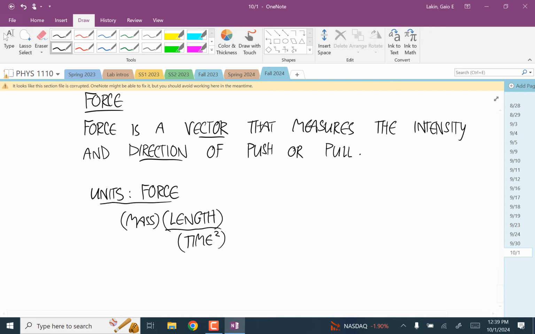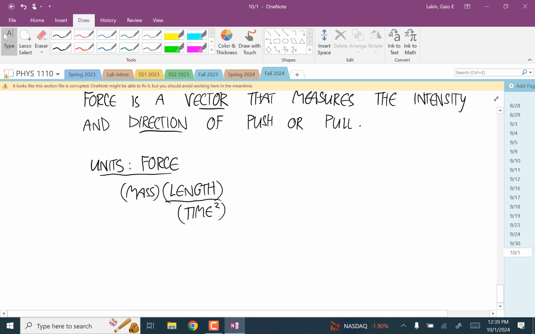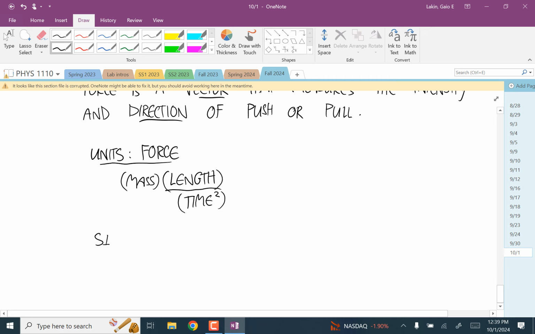We're going to use force all the time, and that's so cumbersome to work with. We're just going to give the SI units of force its own name. So the SI units of force, following this definition, are kilogram meters per second squared. But we're going to give that the name Newton. And we'll abbreviate it with a capital N.